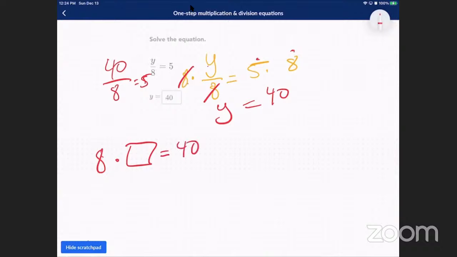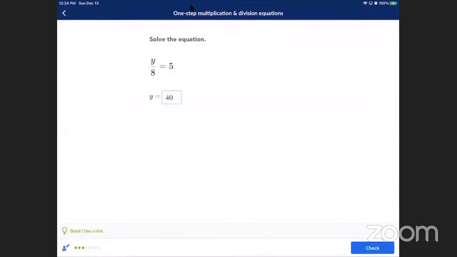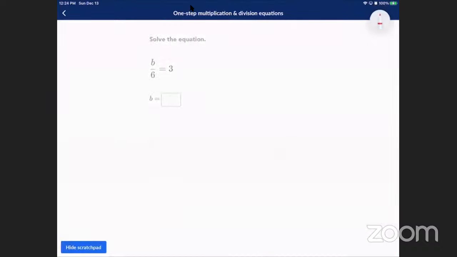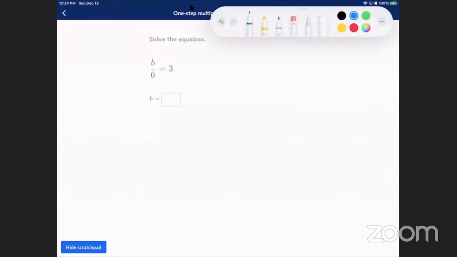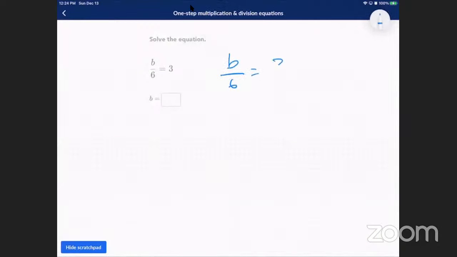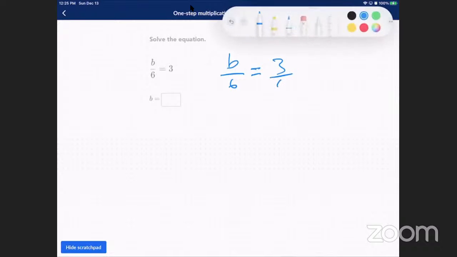And then we have 6g equals 48. And we would have 6 here, because what happens is that we don't have g by itself, we have a 6 on it.